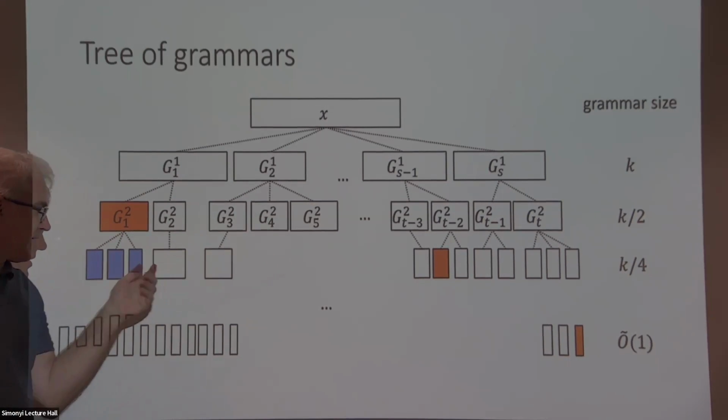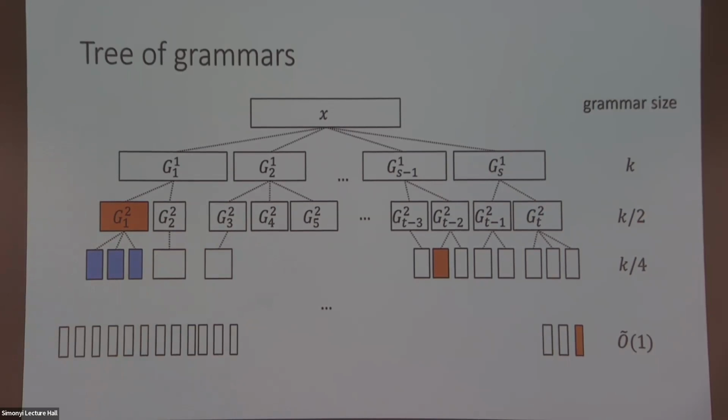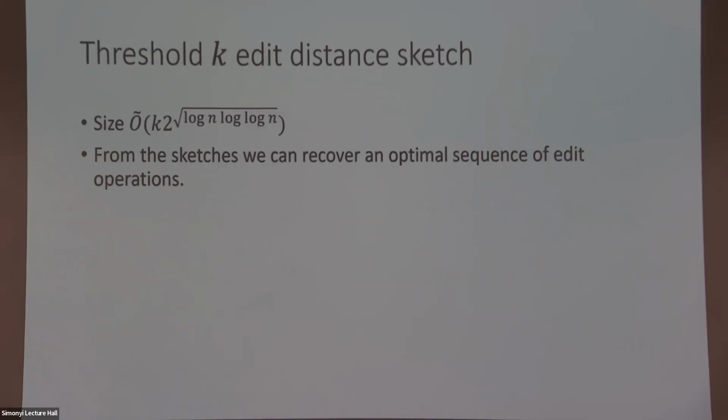It suppresses this huge number of errors, but it lets you recover the portion which contains few errors. And that's what you get: a sketch of size k times square of log n.